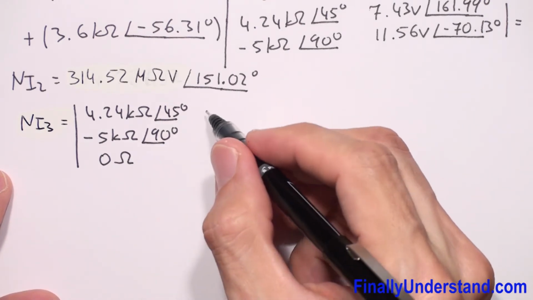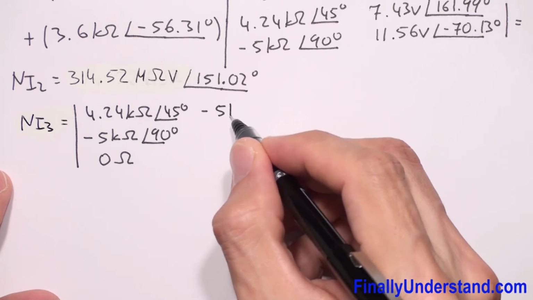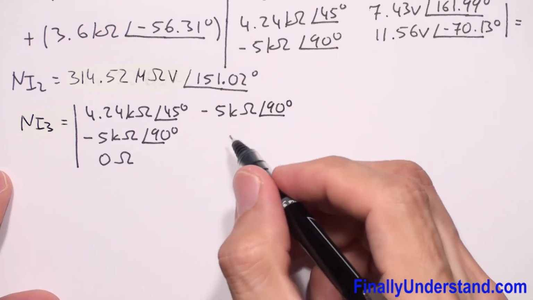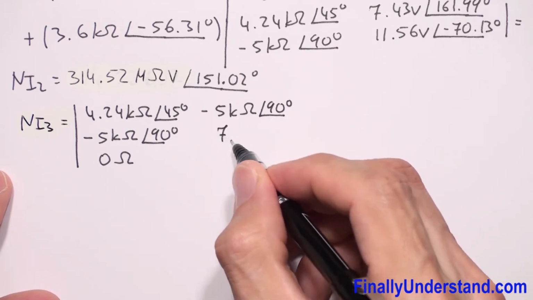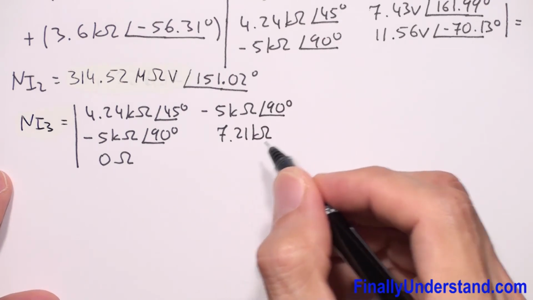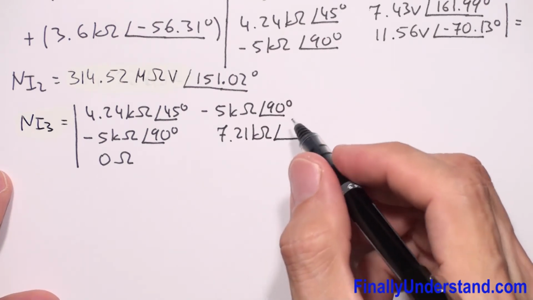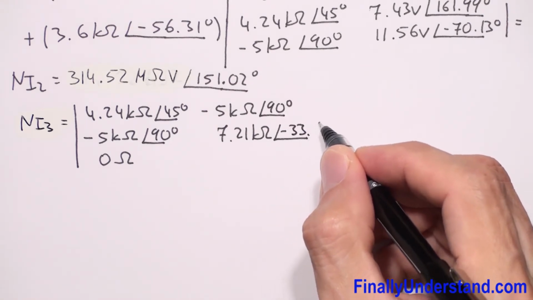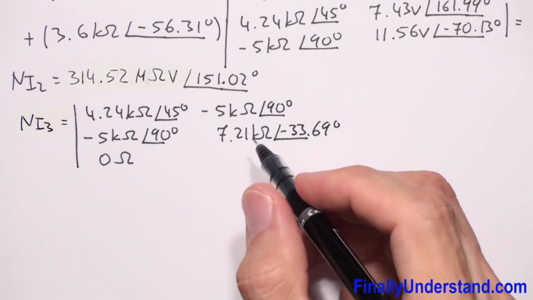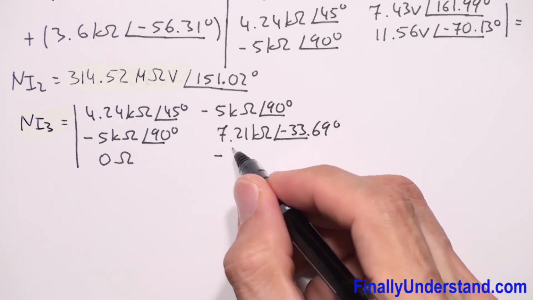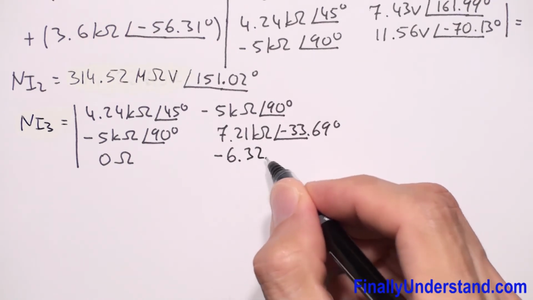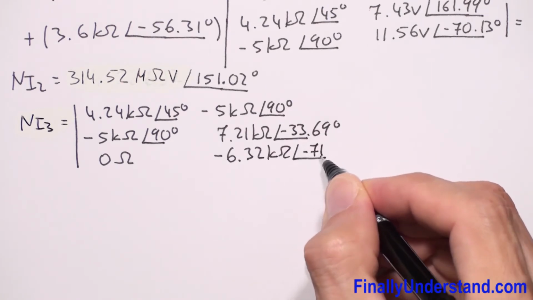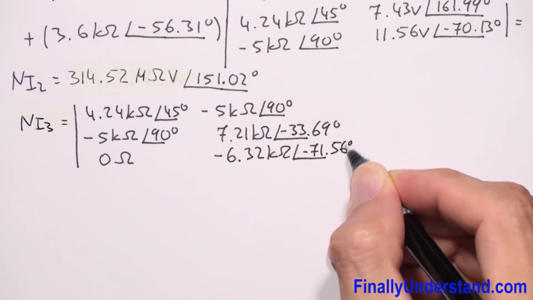The second column is minus 5 kilo ohms and angle of 90 degrees, and I have 7.21 kilo ohms and angle of negative 33.69 degrees, and I have negative 6.32 kilo ohms and angle of negative 71.56 degrees.